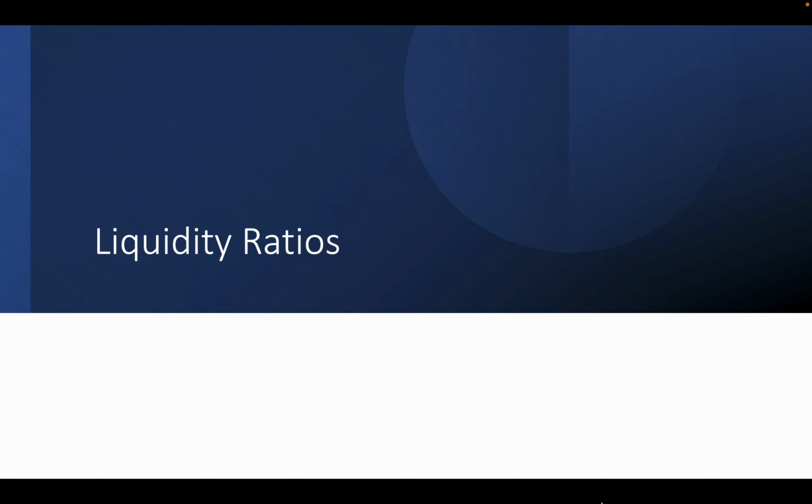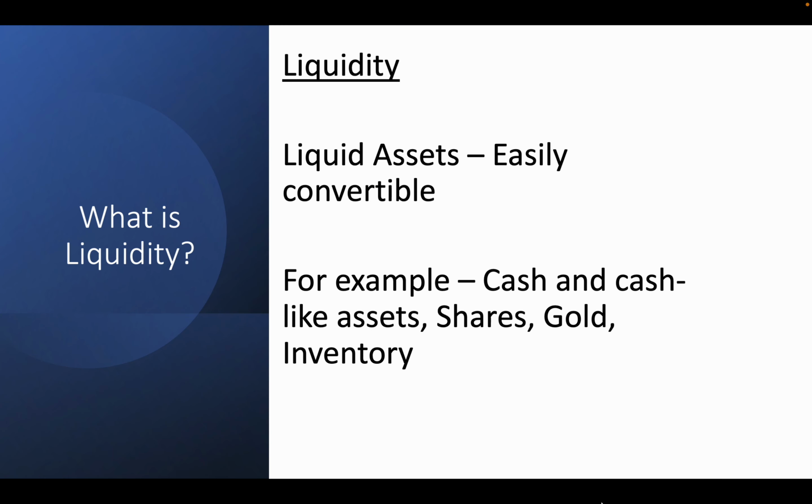In continuation to our introductory video on financial ratios, we are now going to deep dive into liquidity ratios. As I explained in the fundamentals of financial ratios, liquidity ratio is one of them. Let's quickly understand what liquidity means.